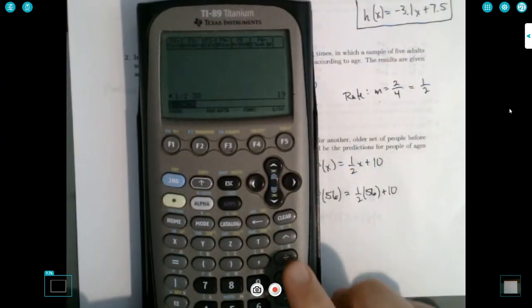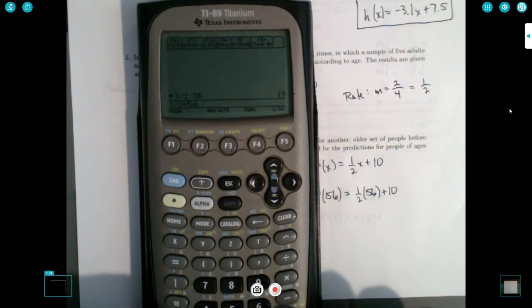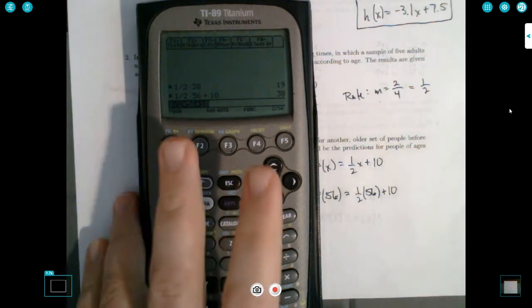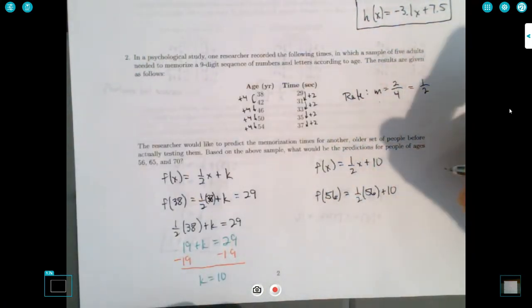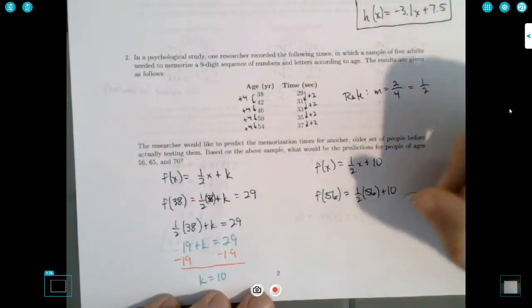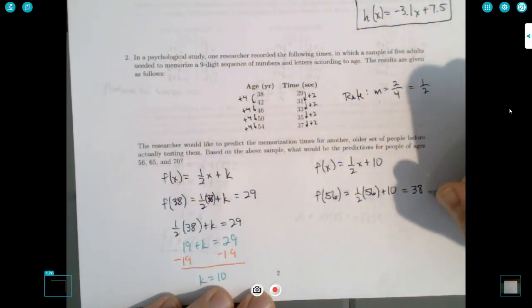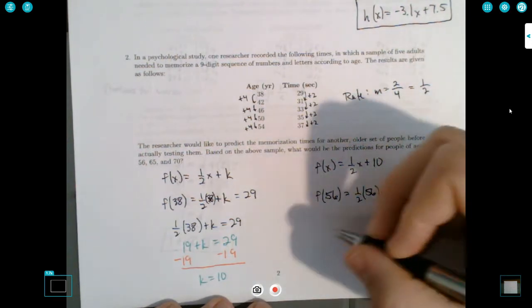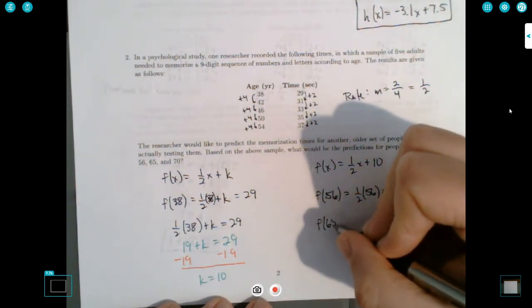We would say 1/2 times 56 plus 10 is 38. So we would predict it taking 38 seconds. Okay, what about the person who's 65?